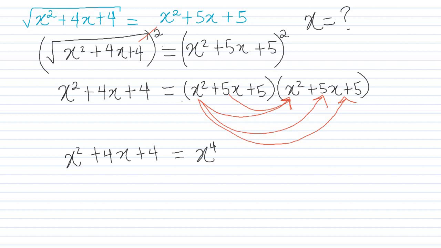You end up with a variable that has a power of 4, and you also have another term with a power of 3. So your question just became much more complicated.